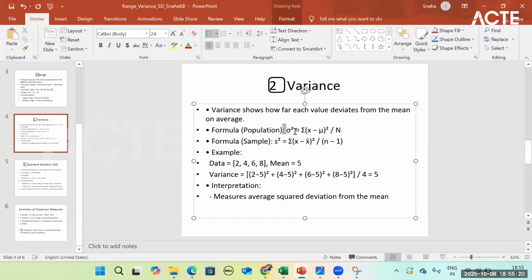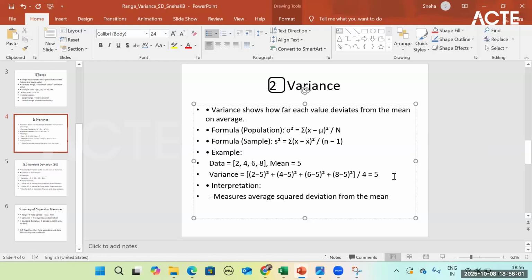We have a formula. Variance is represented with this symbol. How do we calculate it? For example, this is my data and the arithmetic mean of the data is 5. We take each and every value: 2 minus 5 squared, 4 minus 5 squared, 6 minus 5 squared, 8 minus 5 squared, divided by the number of values, and the variance will become 5.